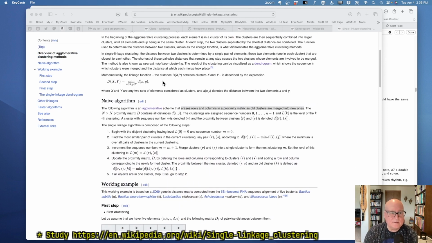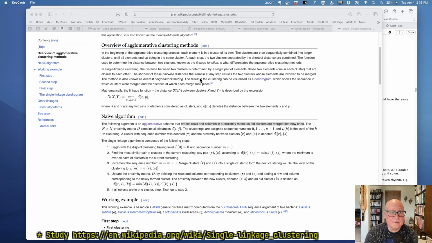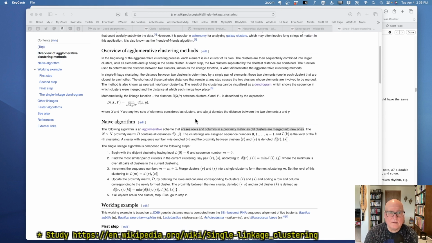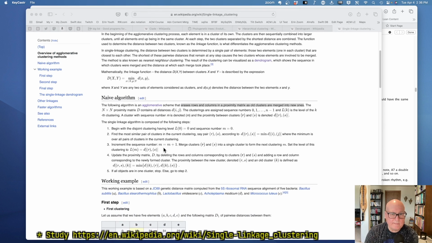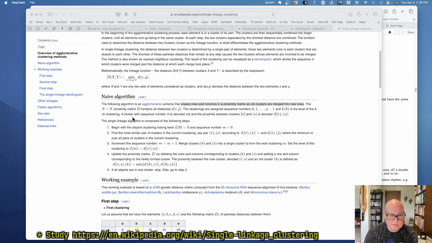Okay. So a cluster, well, let's see. Cluster has a sequence number. It can compute distance, proximity. Clusters are assigned sequence numbers.